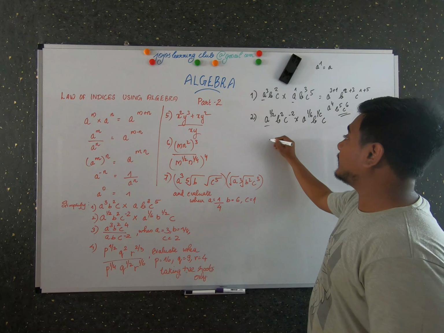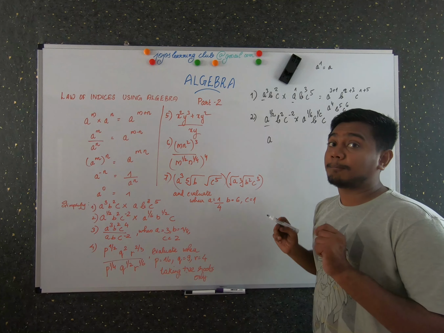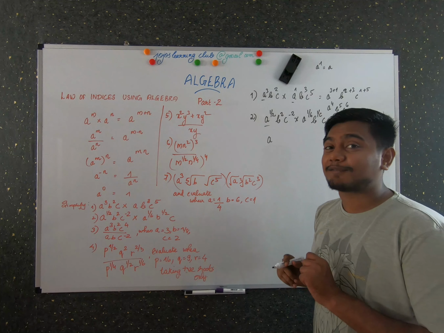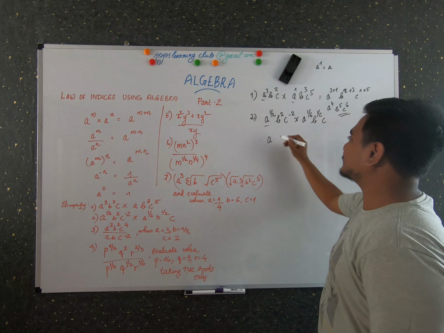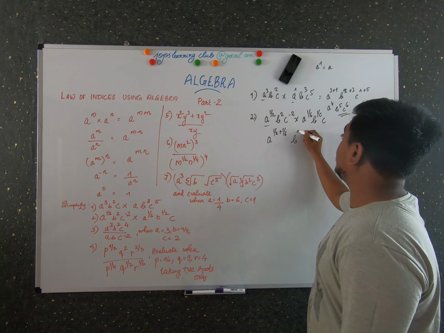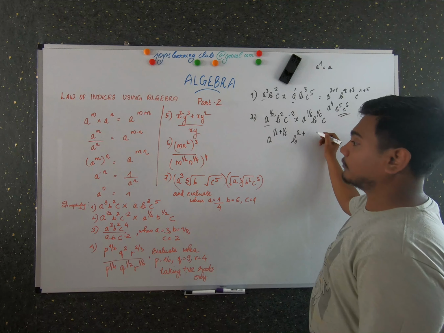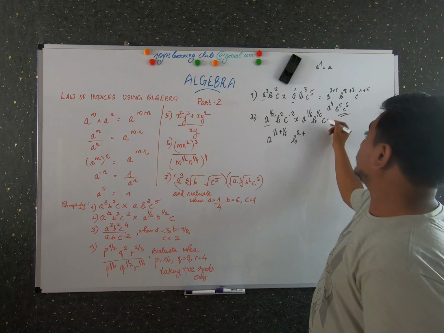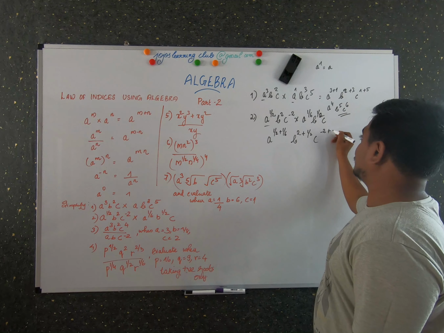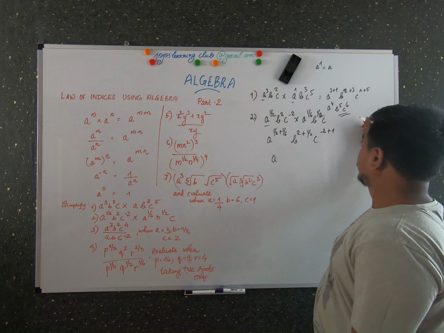As I said, when you multiply the same bases, the index values are added. So a raised to 1 by 2 plus 1 by 6, again here b raised to 2 plus 1 by 2, again here c raised to minus 2 plus 1.